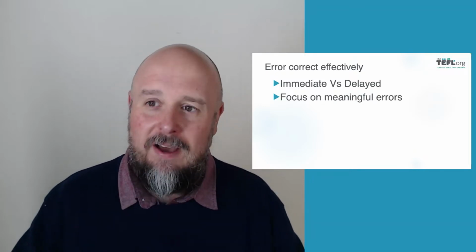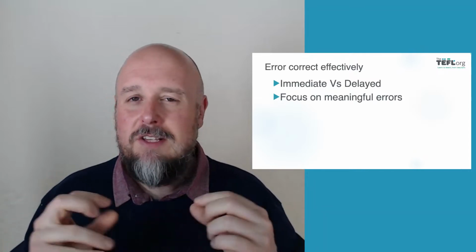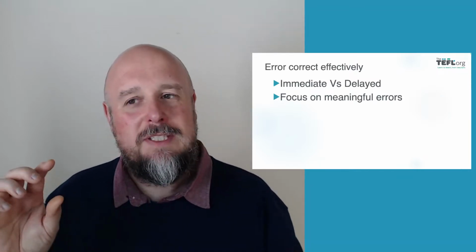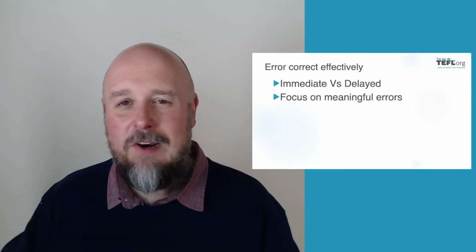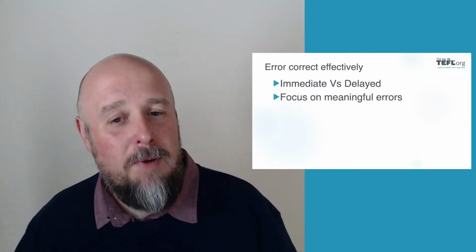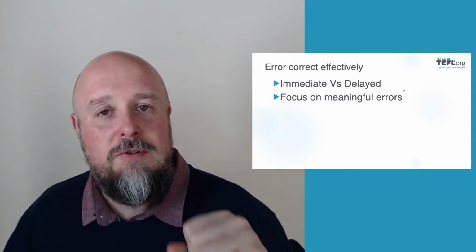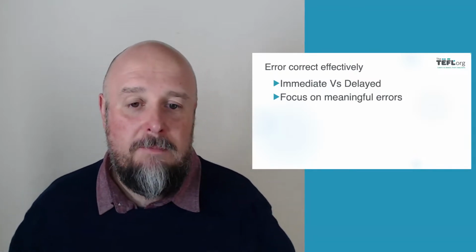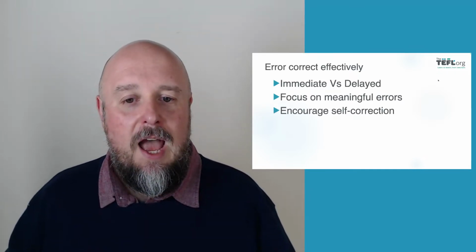If, however, they have done something and there's lots of mistakes, but they're very, very tiny mistakes, and you still understand what they're saying, don't really think about error correcting the whole sentence, every single word. Focus on the ones that are most important. And that's important with adults because you don't want them to lose faith. You don't want them to be discouraged by the amount of errors they've got. So definitely try to focus on the meaningful errors.